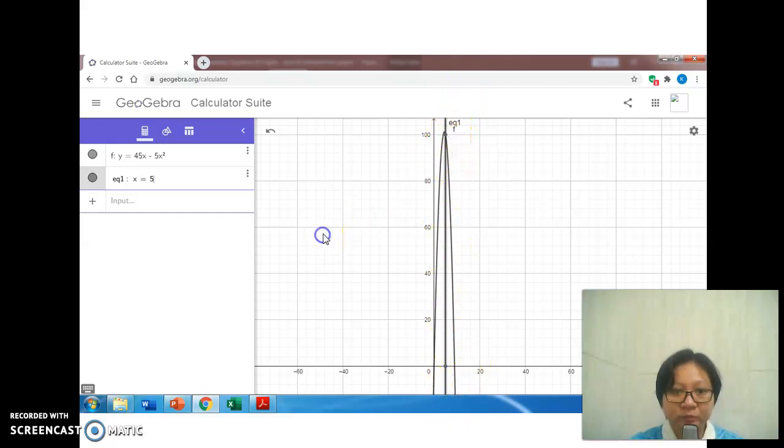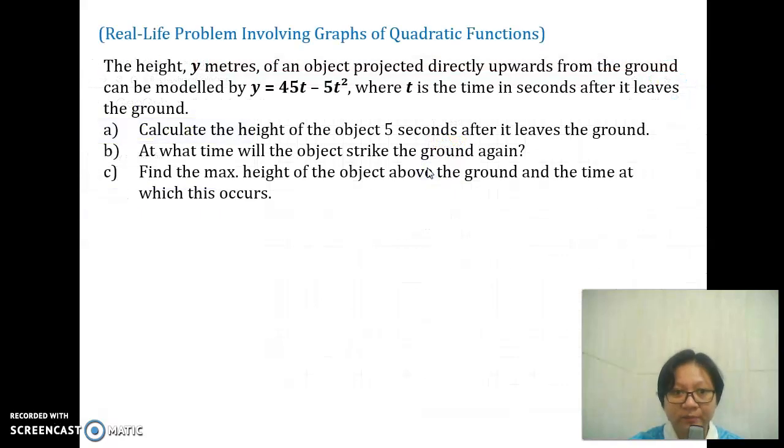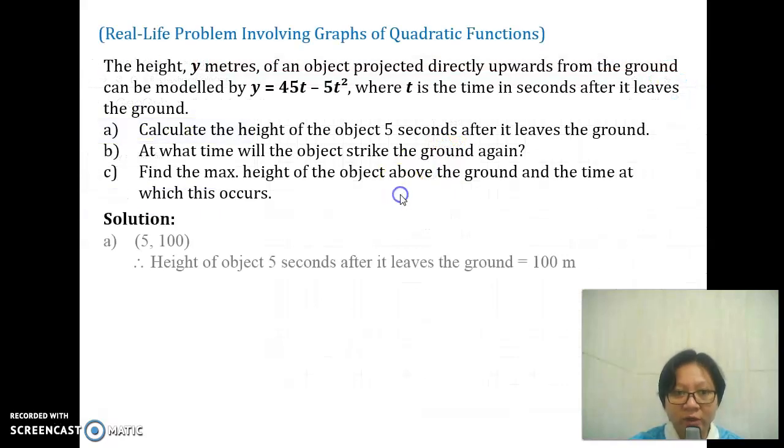Then click the point of intersection. Here you get the point of intersection 5, 100. This is the answer. So the answer for number 1 is 100 meters. The height of the object 5 seconds after it leaves the ground is 100 meters.